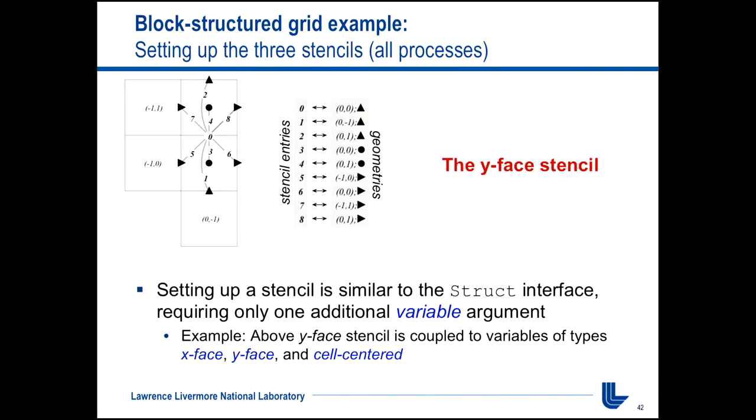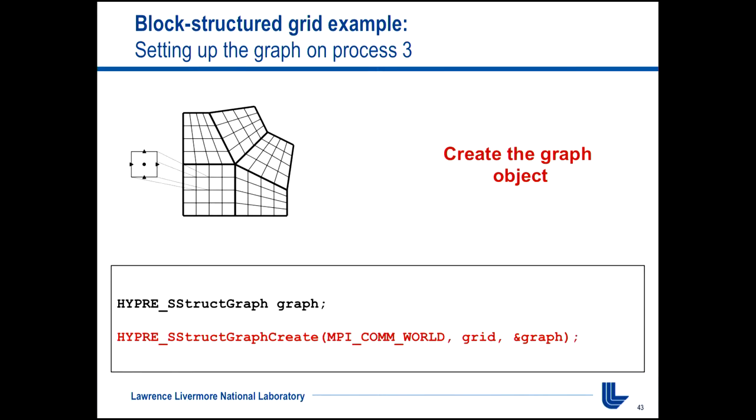Okay, stencils are similar to before, except that now I've got 3 of them, and each stencil is also coupled to 3 different variable types. So this Y face stencil couples to Y face variables, X face variables, and cell center variables. Okay, but otherwise it's pretty much the same. Then there's this extra graph thing. Again, you call create, giving it the grid.